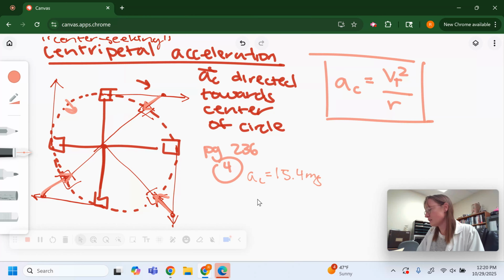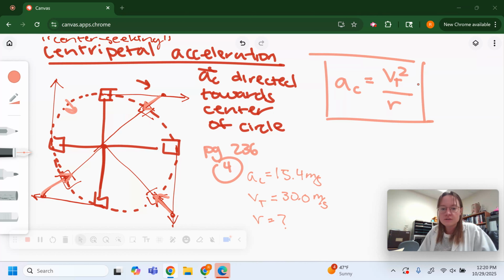It also has a tangential speed of 30.0 meters per second. And we are looking for the distance between the car and the center of the track. We're looking for the radius of that circle.